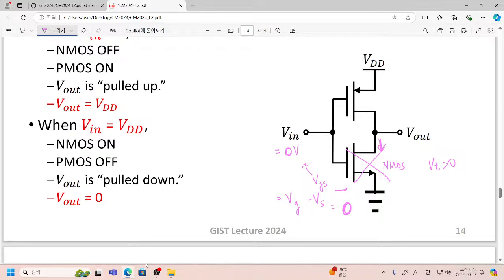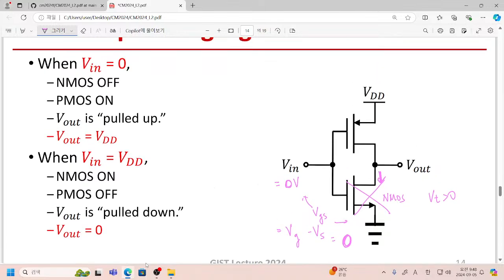And another case is the PMOSFET. In this PMOSFET, our source voltage equals VDD and our gate voltage equals 0. So when we evaluate the gate to source voltage, it is 0 minus VDD, so we will have minus VDD as the gate to source voltage of our PMOSFET.